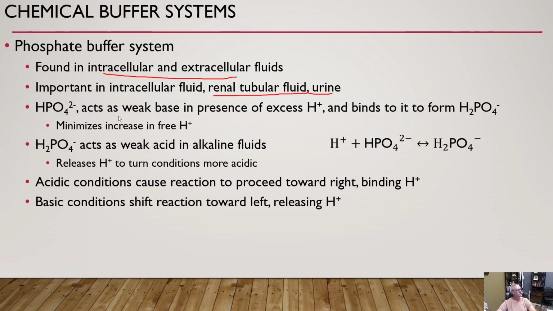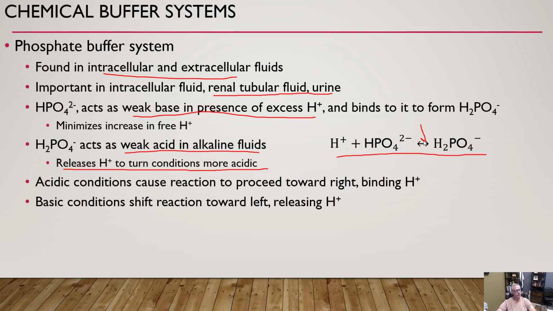So in the presence of a weak base, this HPO4 is going to act as a weak base when we have excess hydrogen to form H2PO4. And then H2PO4 is going to act as a weak acid, and it's going to release hydrogen ions to make the condition more acidic.